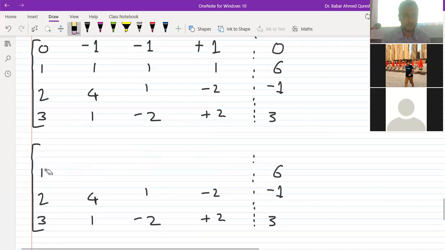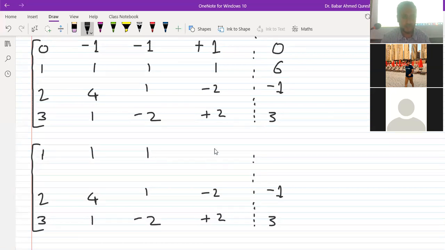The first 2 rows, I'm just going to change those. I could change the first with the third as well, that would be fine, but I'm just doing it with the second. And the advantage is also that the second row has a 1 over there. So it's easier to think what I should multiply 1 with to get zeros below it. So here comes the new first row, which was the second row before. And here is the old first row, but the new second row.